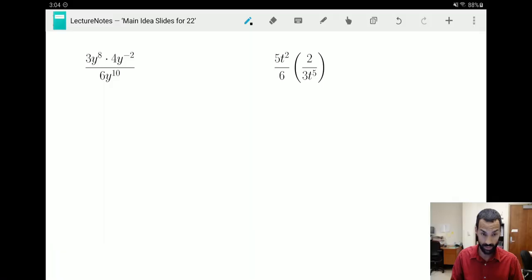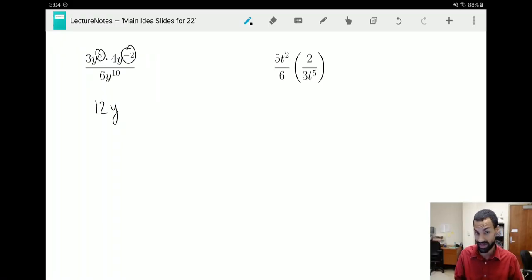3y to the 8th power times 4y to the negative 2nd power over 6y to the 10th power. Okay, I am going to just pick this one apart and do the top first. Ignore the bottom. 3 times 4 is 12. y to the, add the exponents together.